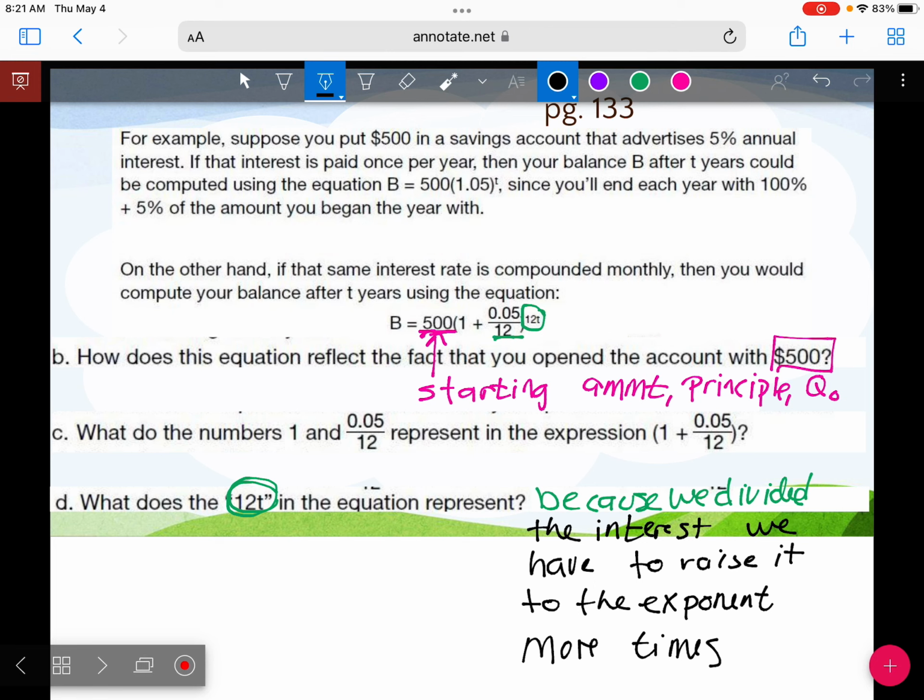T is in years still. If we're compounding daily, 365 days in a year, our t is in years. So if I'm asking how much we're going to have in a certain number of months or weeks, we have to be really, really careful how we put the time in to make sure that we're matching our units, okay? So be super duper careful.